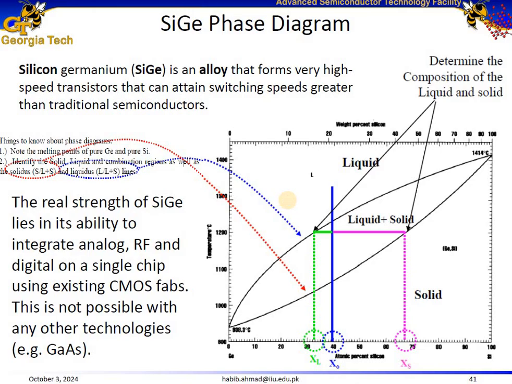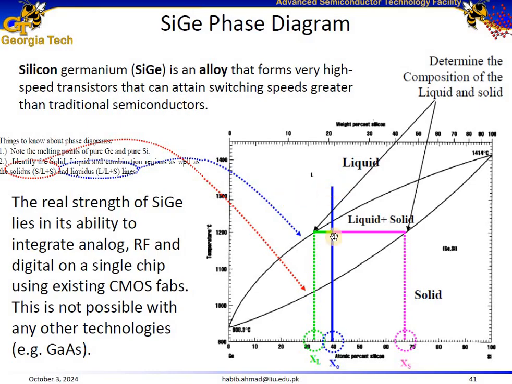Then the question is, if a particular temperature and atomic percent is given, how do we determine what percent of the material is solid and what percent is liquid? And secondly, what percent is silicon and what percent is germanium? So we use a lever method for this purpose.